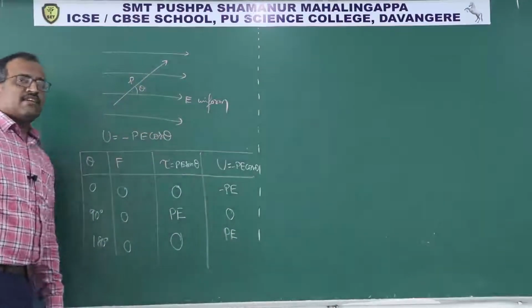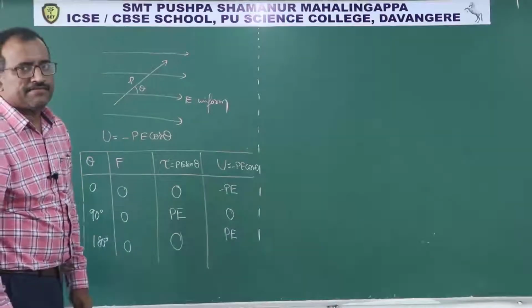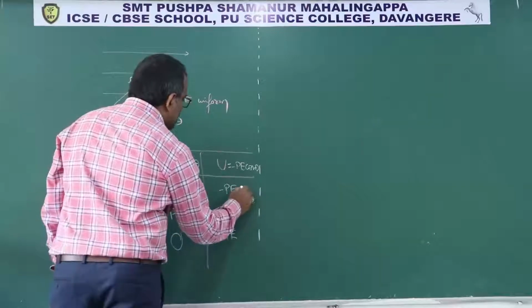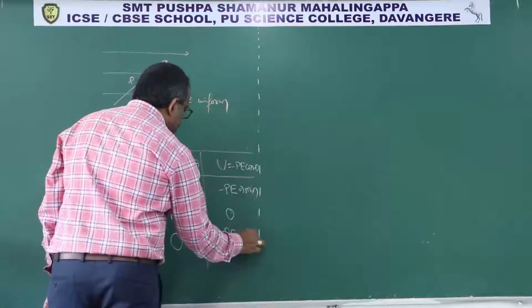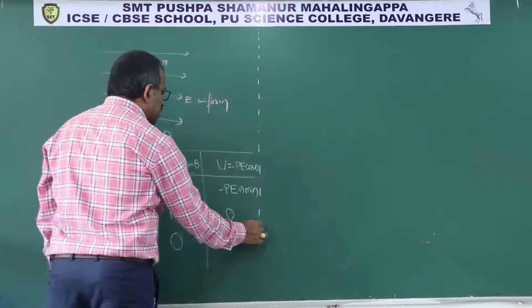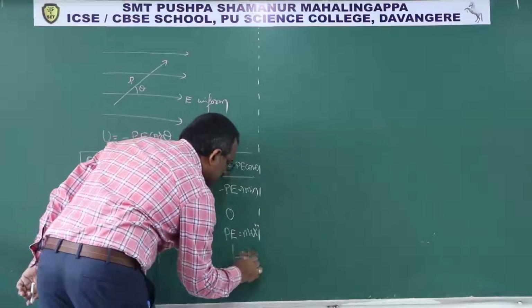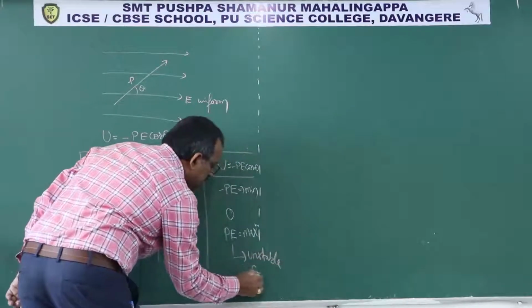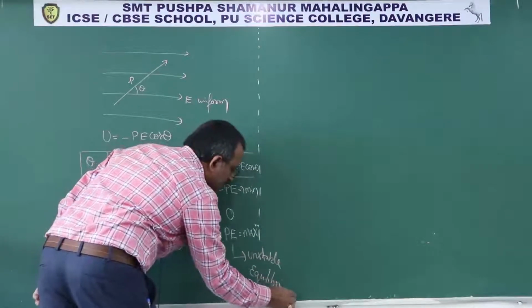Do you remember in your first year you studied stable equilibrium and unstable equilibrium? They will ask you questions. This is minimum potential energy. This is maximum potential energy. Hence, this is unstable equilibrium, very important.